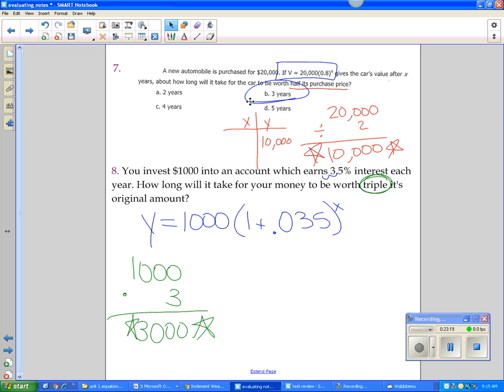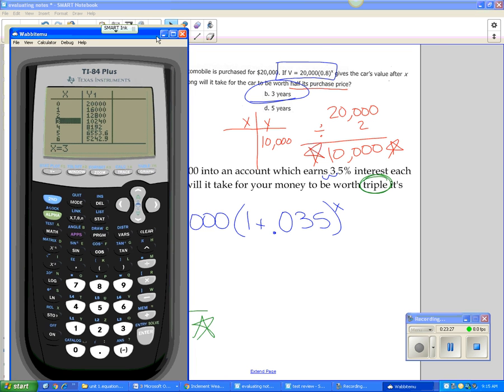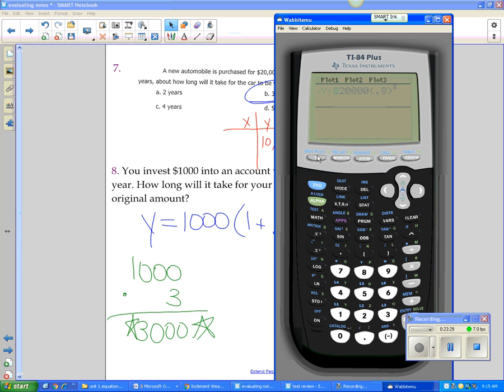Okay. All right, so Gracie, what do I do next? Yep, put it in my calculator. So I'm going to type in 1,000, parentheses 1 plus 0.035 to the X. And I'm looking for 3,000.